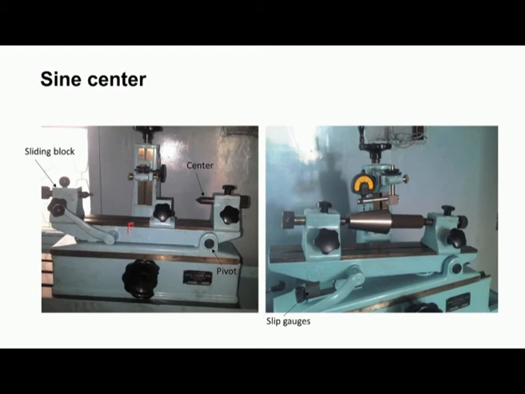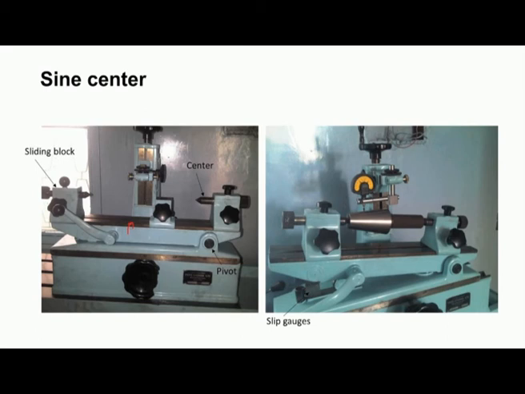We can tilt the table, and here there is a roller, and this is the surface of the sine table. After tilting it, we have to fill this gap using slip gauges. You can see in this picture slip gauges are placed.